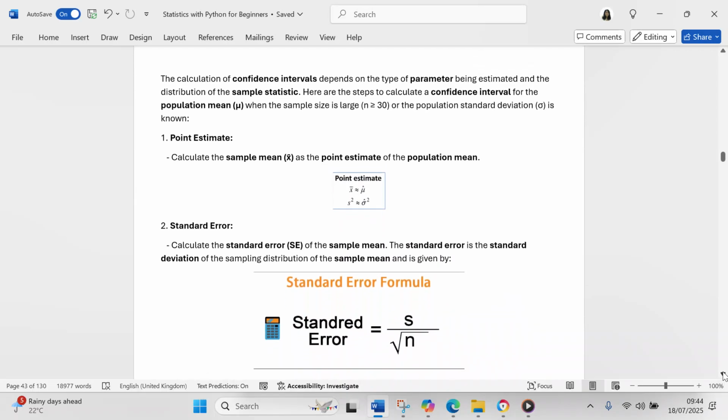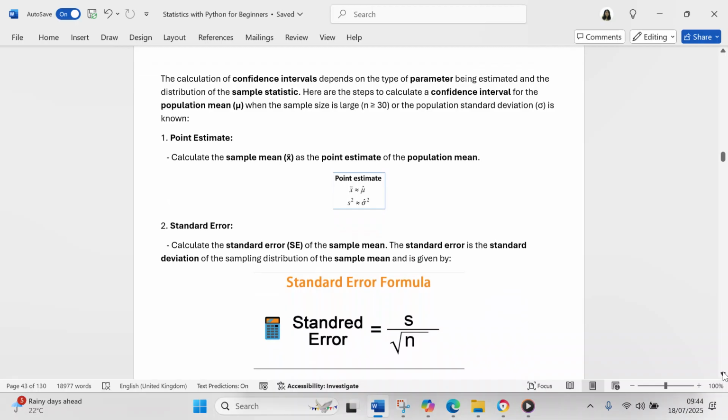The calculation of confidence intervals depends on the type of parameter being estimated and the distribution of the sample statistic. Here are the steps to calculate a confidence interval for the population mean, mu, when the sample size is large, n is greater than 30, or the population standard deviation, sigma, is known.